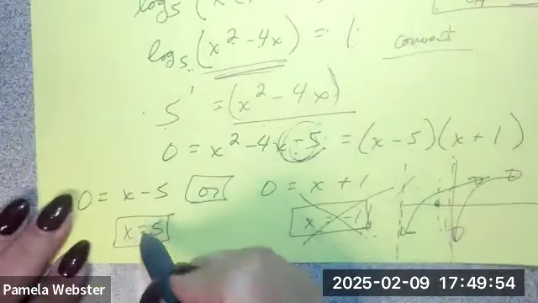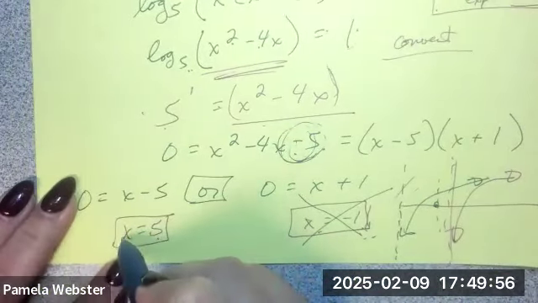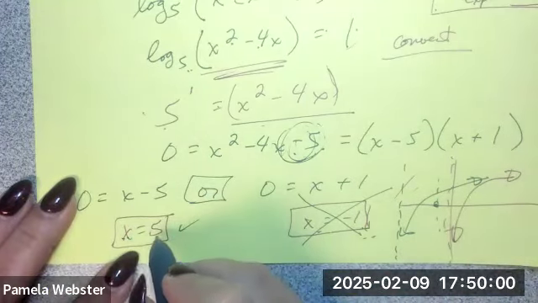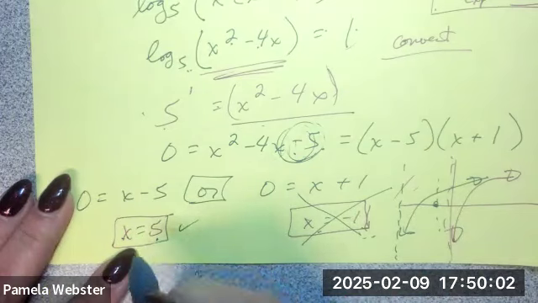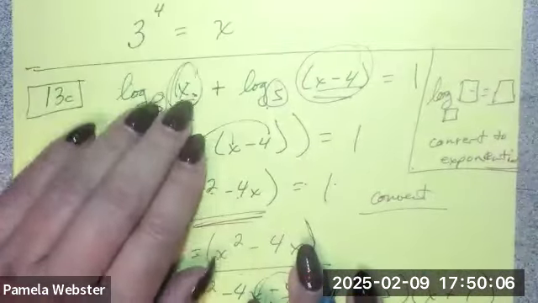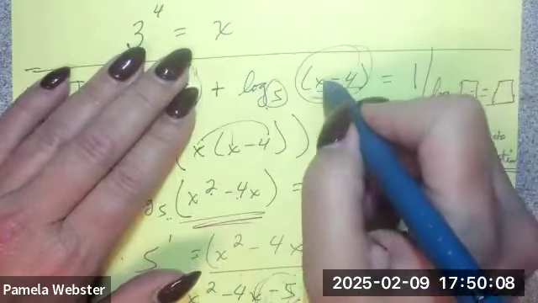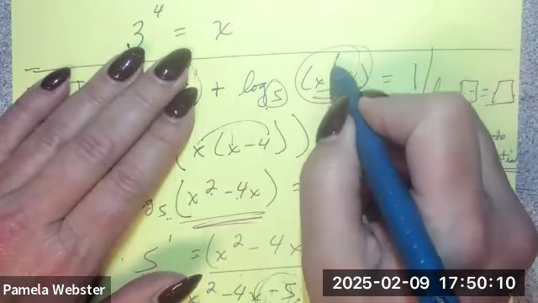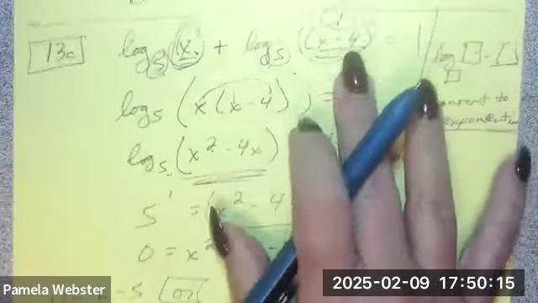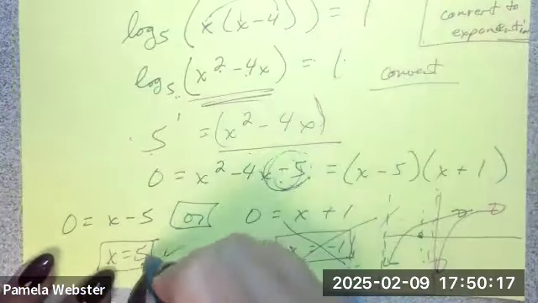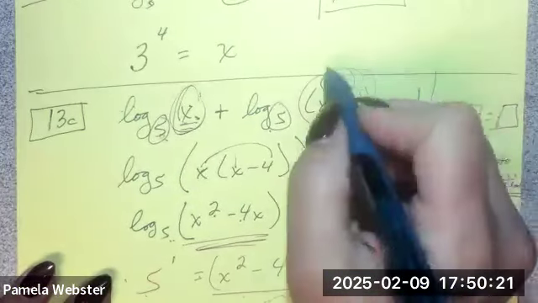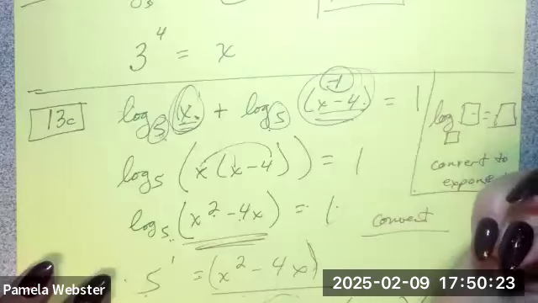But also be careful because I have a positive answer here, and you might go, oh, that works, no problem, it's a positive. And most of the time that's true, but let's just check it real quick. X equals 5. Okay, log of 5, we're good. Log of 5 minus 4 is 1. It's also positive, so we're good there. But just think, what if I had had 3? Log of 3 minus 4 would be negative 1, right?